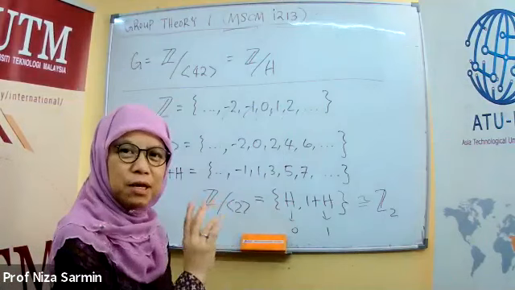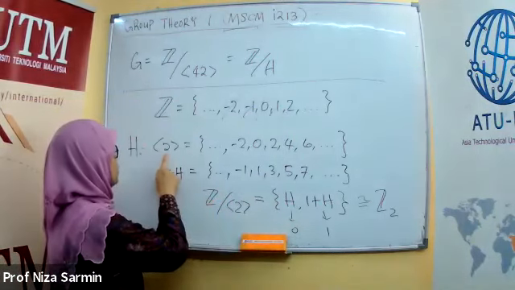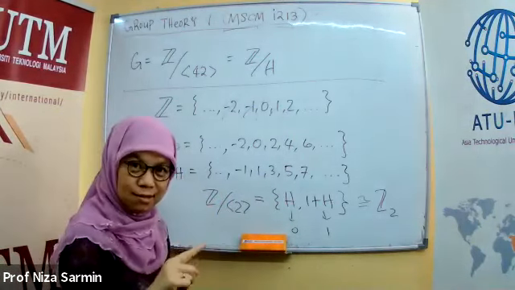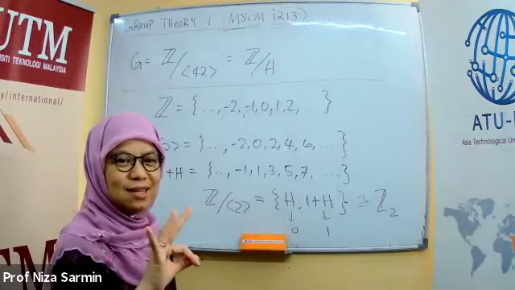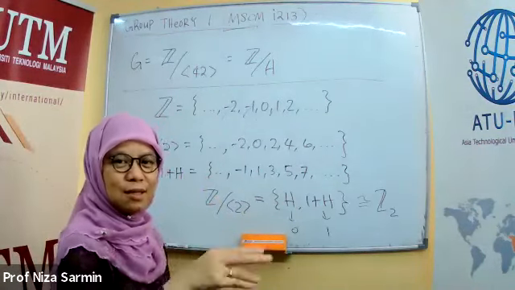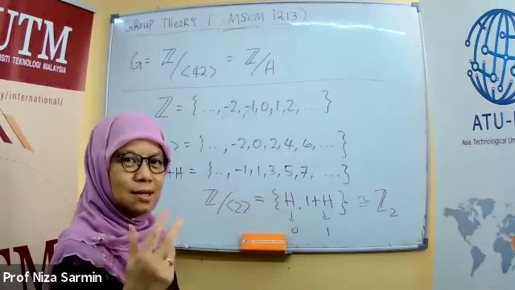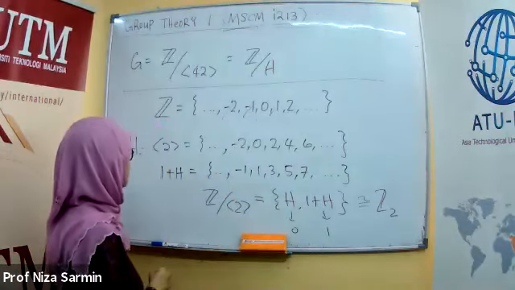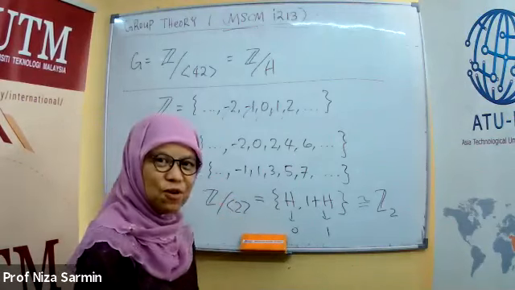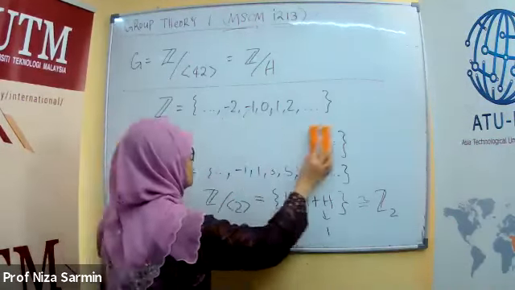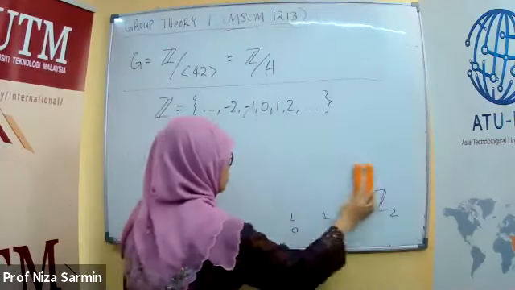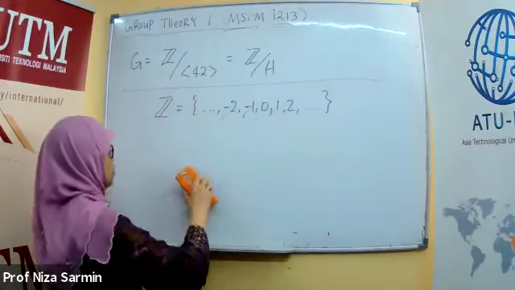Okay, so you can imagine if this is 3, then you will have 3 cosets, because it's 3, 6, 9. So for 4, you will have 4. Okay, so now we will look at 42.